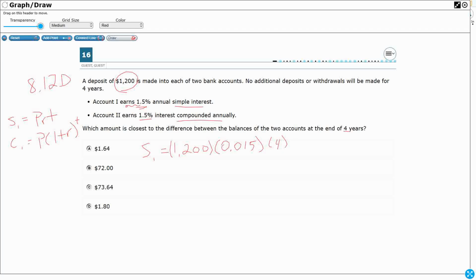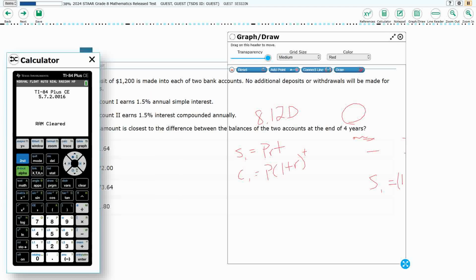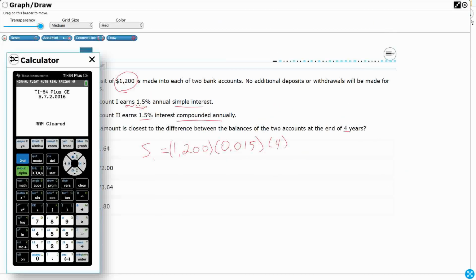All right, so let's go ahead and bring the calculator out for this one. I could use either calculator. Let's just do 1,200 times 0.015 times 4. All right, so 72 bucks. Now, think about it. How would you go from $1,200 to $72? We didn't lose money.